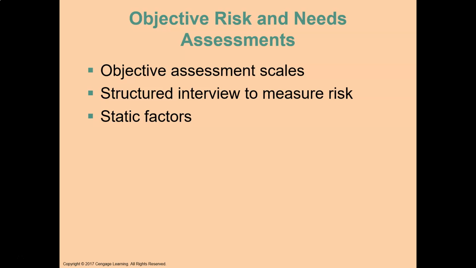So here's one example of something that could be a static factor: the age that they committed their first law violation. Let's say I was 13 when I committed my first law violation. That is something that will never change. It's static.